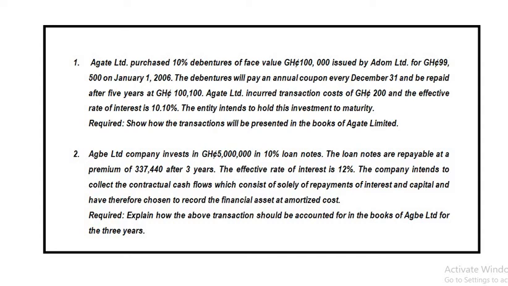And this 10% is always charged on the face value. That is 10% of 5 million, which becomes 500,000, which means every year Acca Limited is going to be paid 500,000 for 3 years, because Acca Limited is the one who has bought the financial asset, so it is the one entitled to that payment.